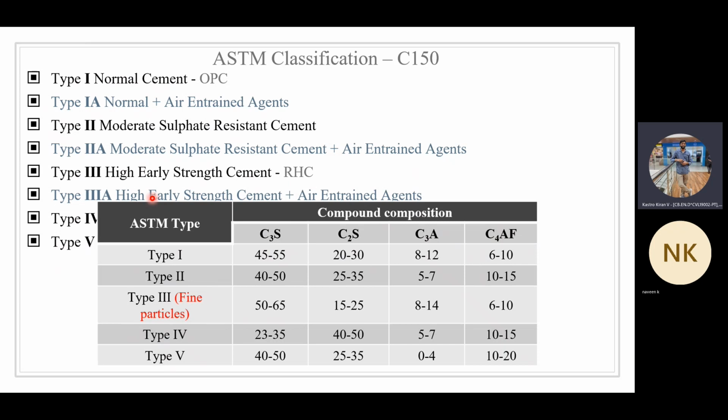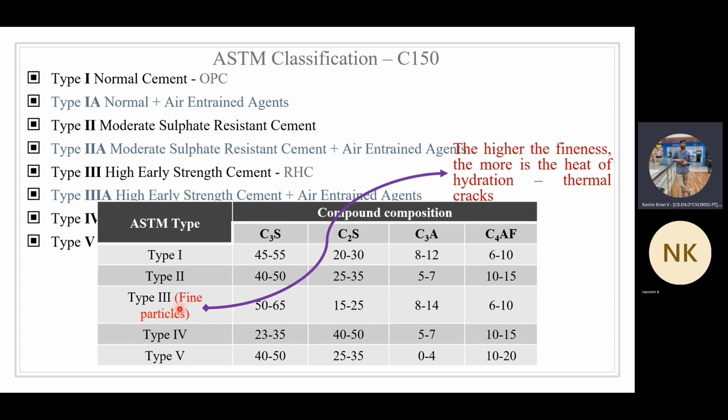So there is one type of cement which is called early strength cement or high early strength cement. One possible reason it is able to attain high early strength is that it consists of a large amount of very fine particles. Whenever fine particles are available in the cement, it leads to more heat of hydration.